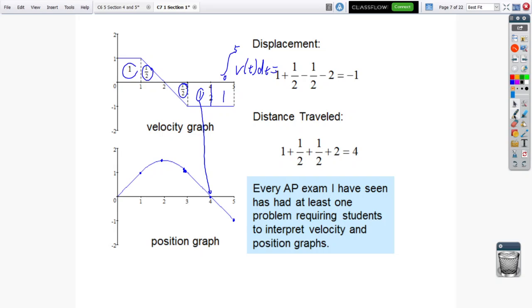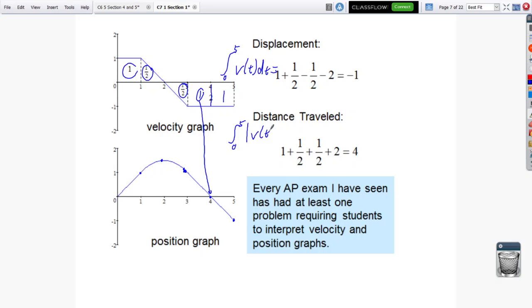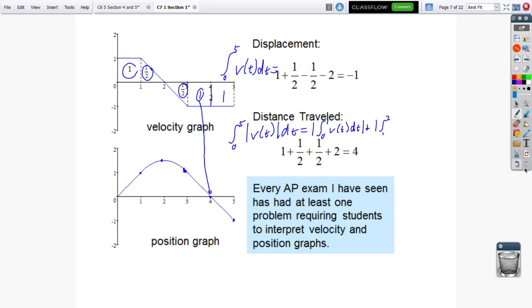And there are 2 ways that we can write that. We can write that as either the integral from 0 to 5 of the magnitude of velocity dt, or we can talk about that as the absolute value of the integral from 0 to 1 of velocity plus the absolute value of the integral from 1 to 2. Actually, you know what? We don't even have to go that far.